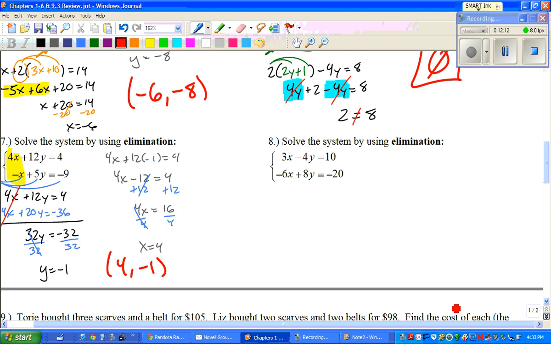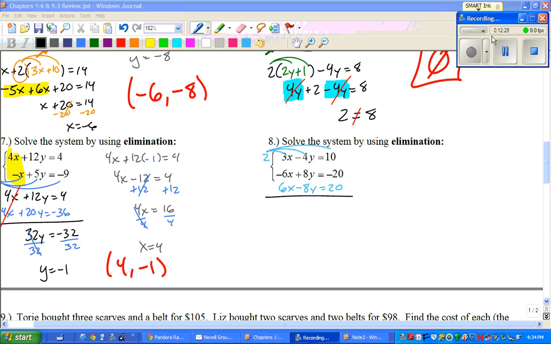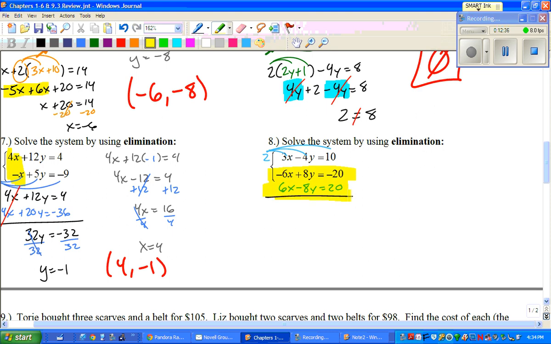All right, number 8. Once again, on your own, see if you can figure out which variable you want to cancel, and then go ahead and complete the problem. Good luck. So I chose that I was going to cancel out the x's, and then when I multiplied everything out, what happens?